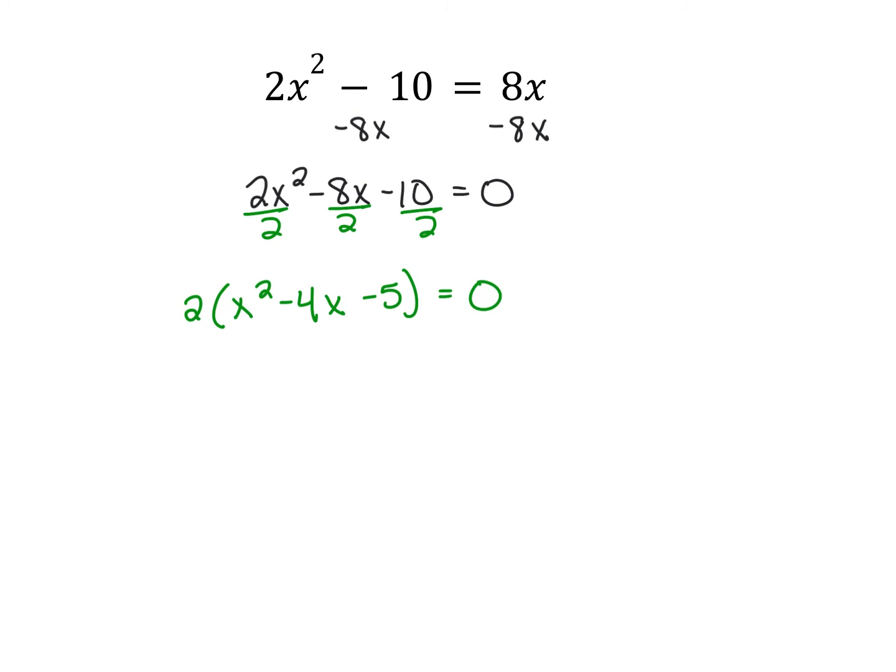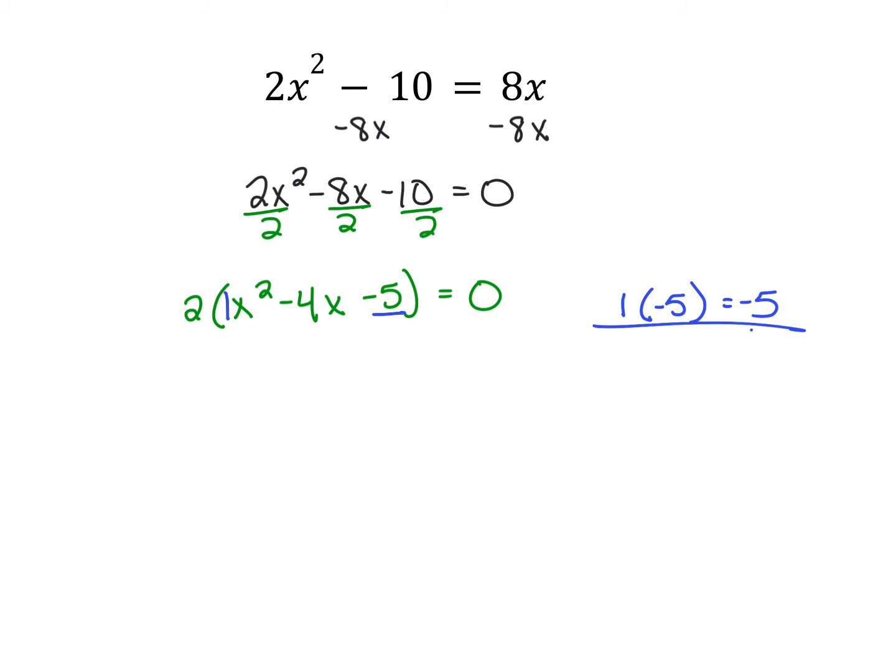Okay. And now we're looking at those parentheses, that x squared minus 4x minus 5. It cannot be factored down anymore using a GCF. However, it is a trinomial. So if we go ahead and factor that, I see a 1 out front. So I'm going to do 1 times negative 5 because that's my C. That will give me negative 5. So when I find those factors, I'm looking for a negative 4.